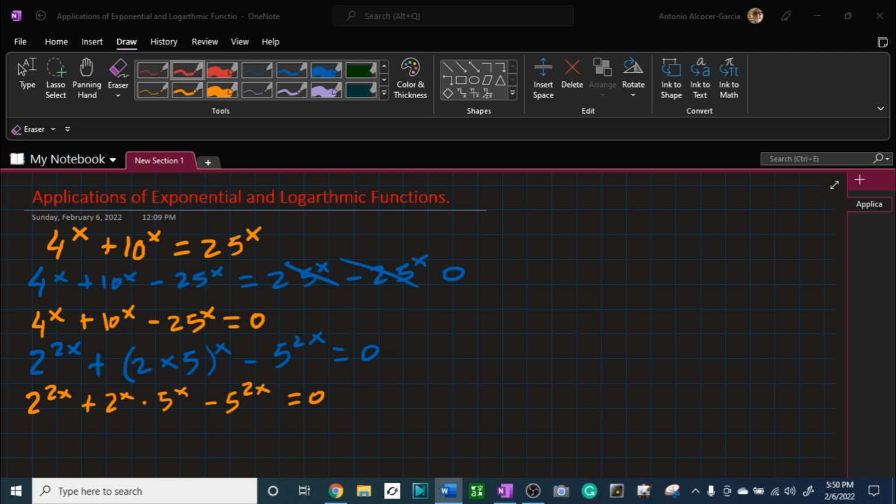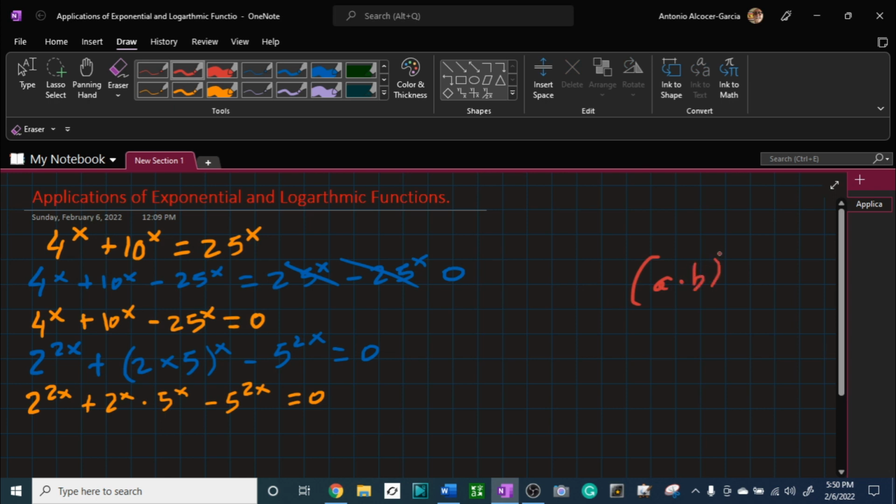Why raise each factor to a power? The property of raising a product to a power states that you need to raise each factor to that same power.